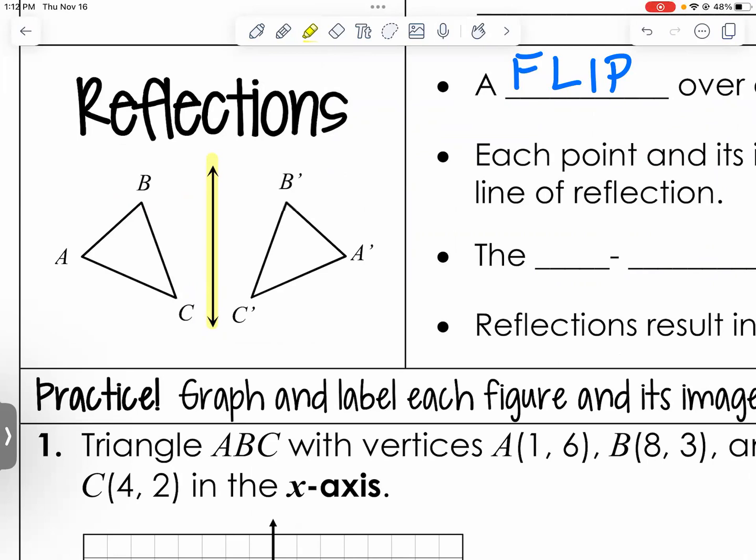Okay. Now, what do you notice about each of these triangles? Are they different shapes or are they the same? Same. What do you notice about how far away they are from the line? They're the same. Okay. And that's how we're going to judge where to put these points.